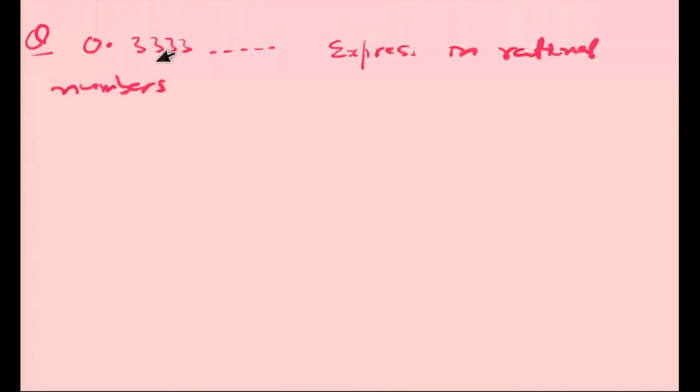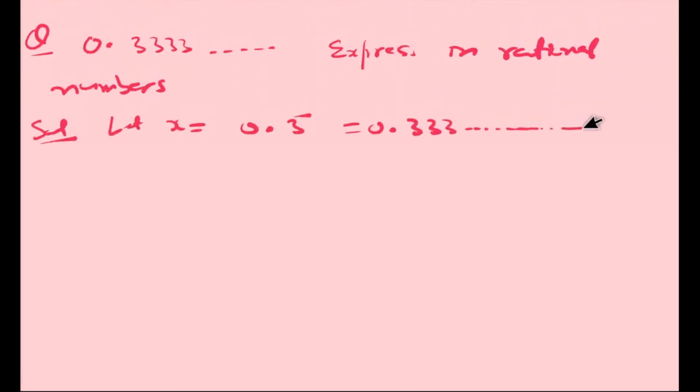So how will we express it as a rational number? First we will learn the long process, then we will learn the short process. Okay, now let x equal 0.3 bar, meaning 0.333 and so on.